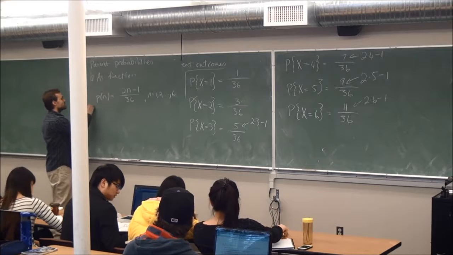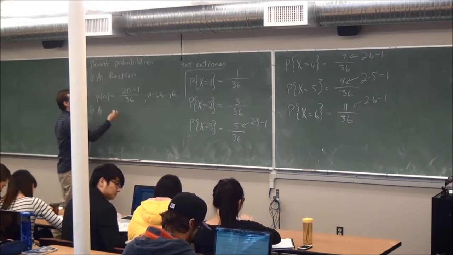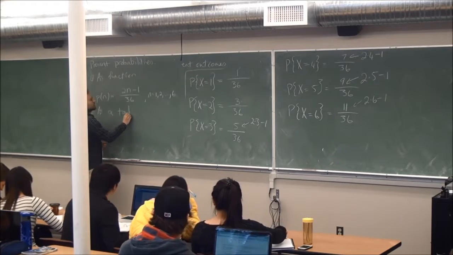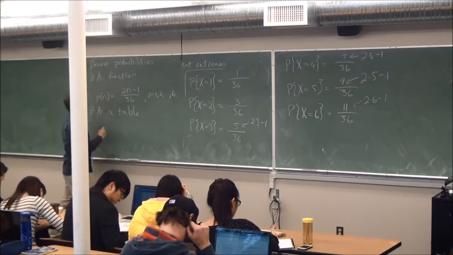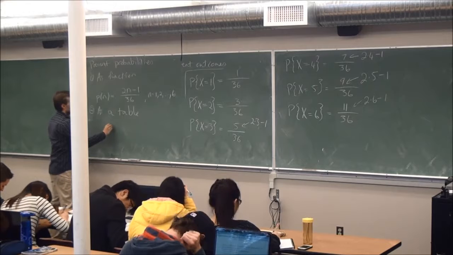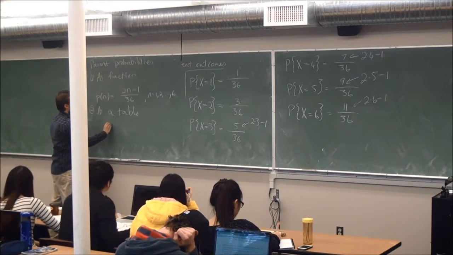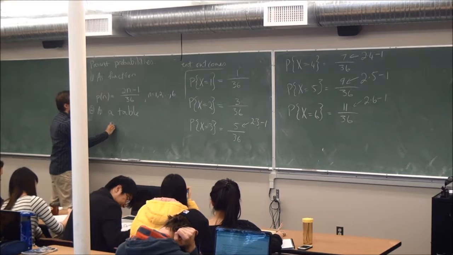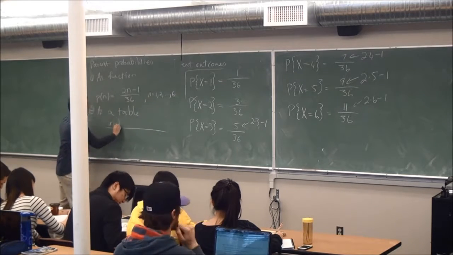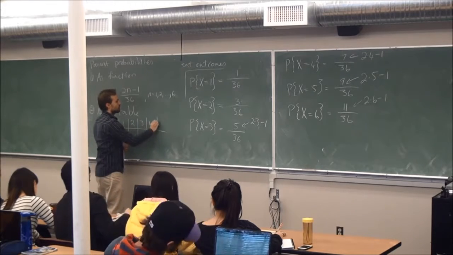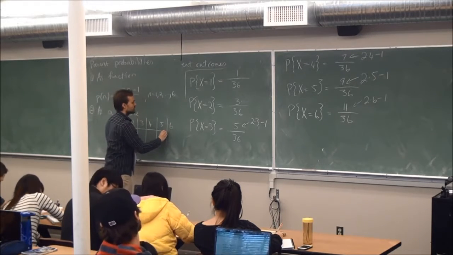The other way is to make a table, a little bit more concise than that. Let's say it has a table, and then I can just list the n value: 1, 2, 3, 4, 5, 6.